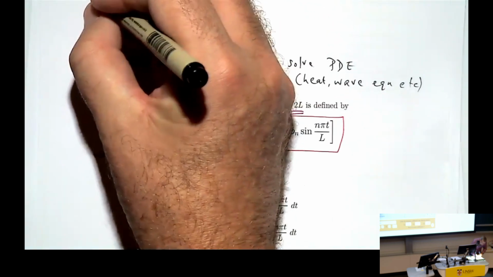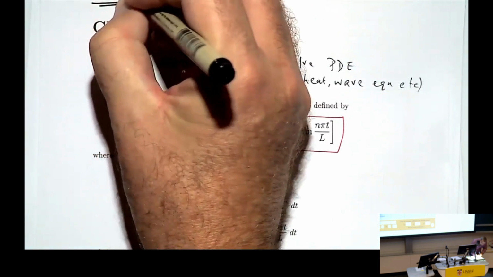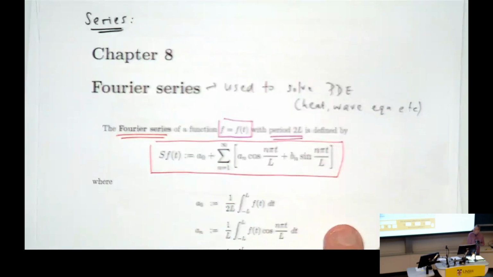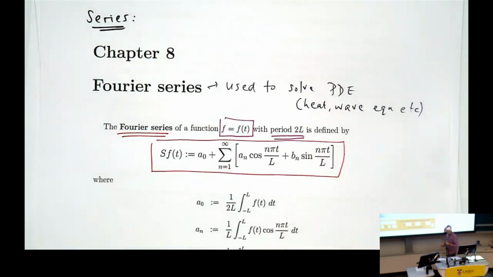But what do we know? What are some series that we've known before? What are some examples of series that you've seen either at school or in first year? The Taylor series, I think. Taylor series is good, and Maclaurin series, right?